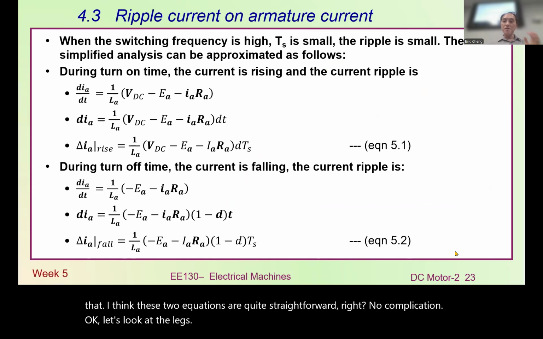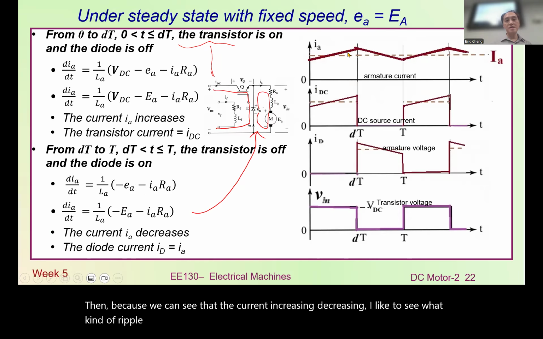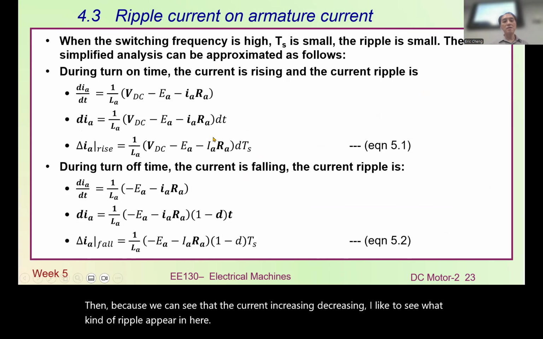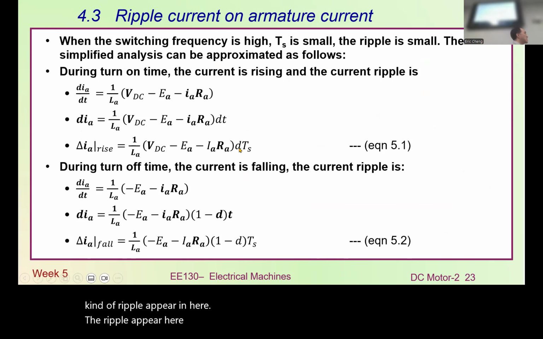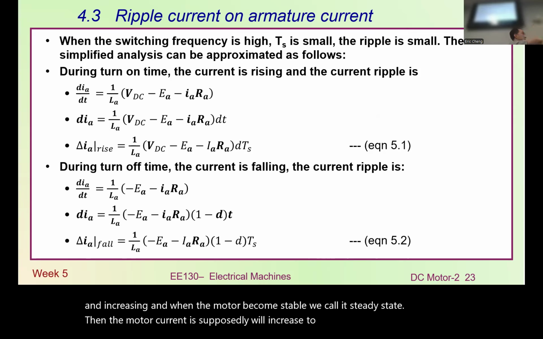Because we can see that the current is increasing and decreasing, I'd like to see what kind of ripple appears here. We need to be quite careful. When the motor becomes stable, we call it steady state, and the motor current supposedly will not increase to a large value, it is just stable, even though we can see some ripple.